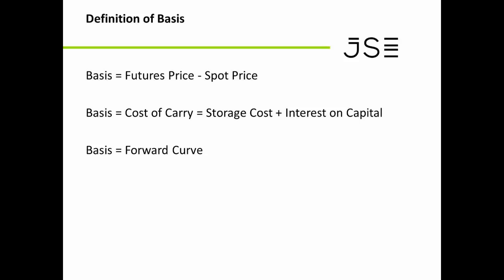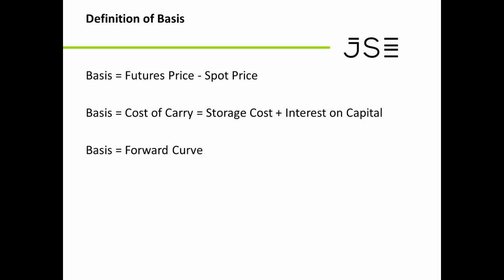Your cost of carry is composed of your storage costs, plus your interest on capital, because in many cases traders or farmers, whoever is a hedger, may have to borrow money from a bank to be able to trade or to plant. So to be able to take these positions, we take the cost of interest on capital borrowed from any financial institution into account as well.